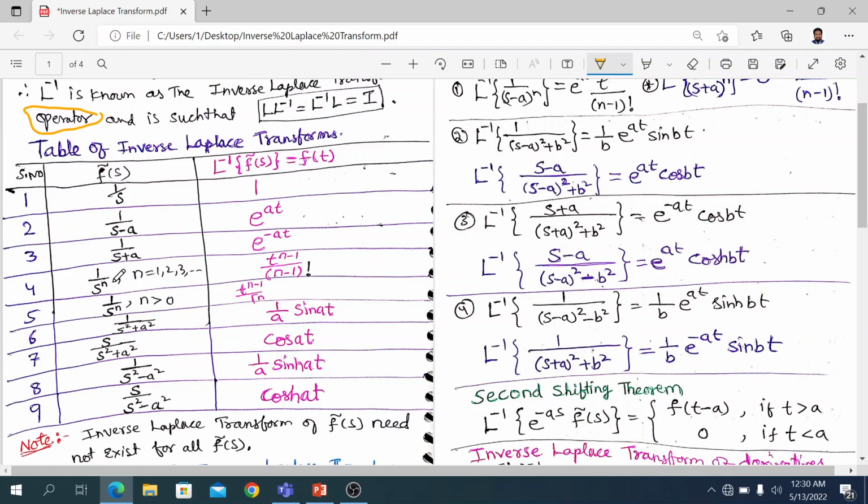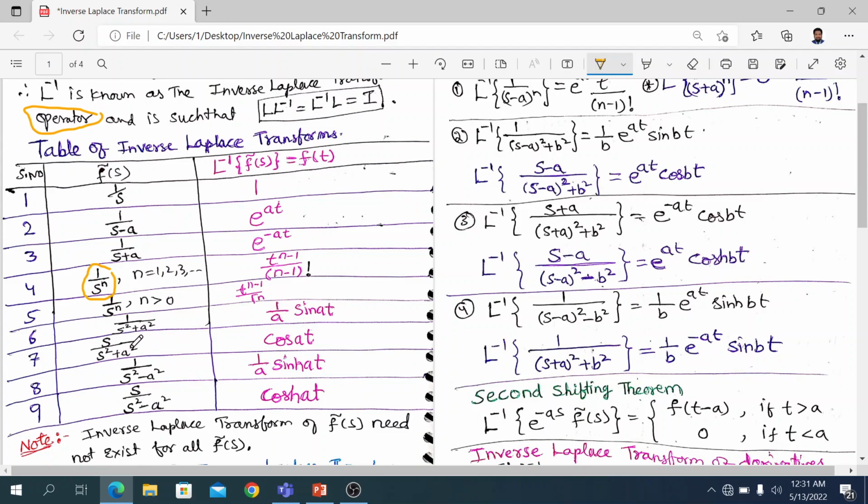For 1 by s power of n, where n is equal to 1, 2, 3, the formula is t power of n minus 1 by n minus 1 factorial. Similarly, for 1 by s power of n, where n is greater than 0, it is t power of n minus 1 by gamma n. Next, 1 by s square plus a square is nothing but 1 by a sin at.